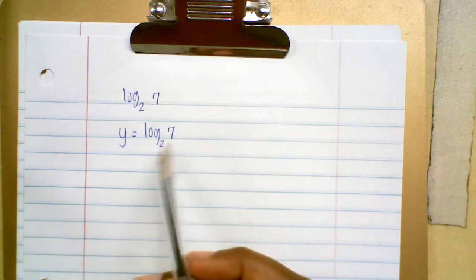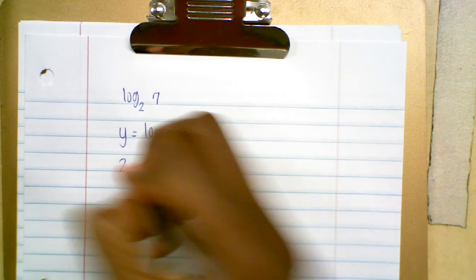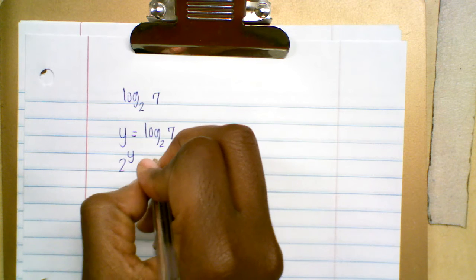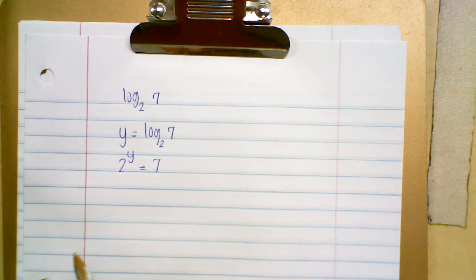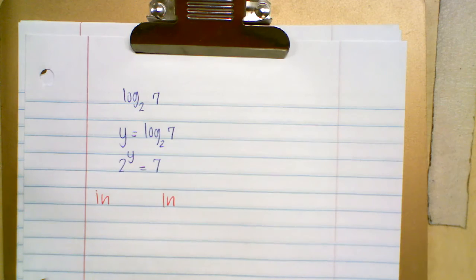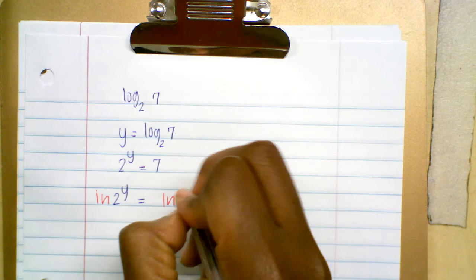I'm going to rewrite in exponential form: the base is 2, log equals exponent, so 2 to the y power equals 7. Then I'm going to take ln on both sides, so I have ln of 2 to the y equals ln of 7.